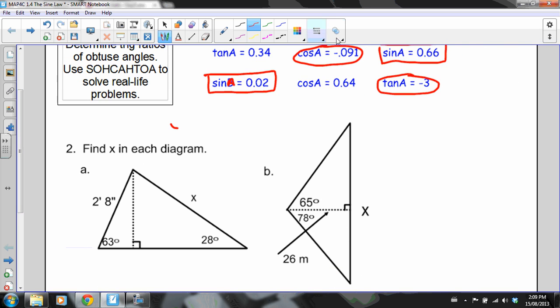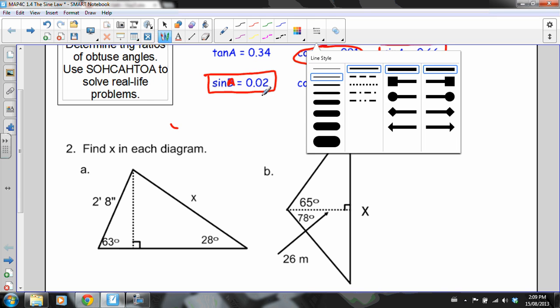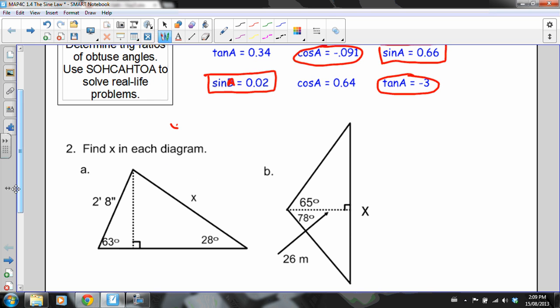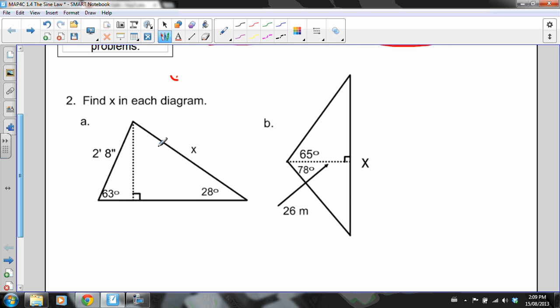All right, let's keep going here. What do we got? Find x in each diagram. So in this case, notice that we've got 2 right angle triangles, 2 SOHCAHTOAs. I'm going to write SOHCAHTOA here just so I can see it.